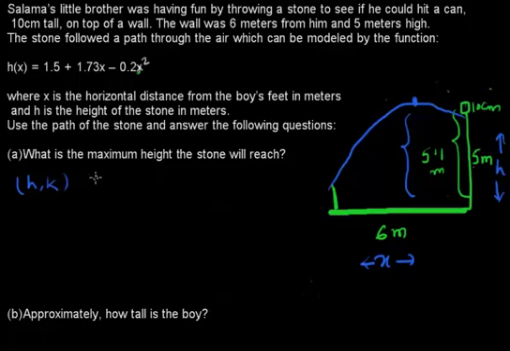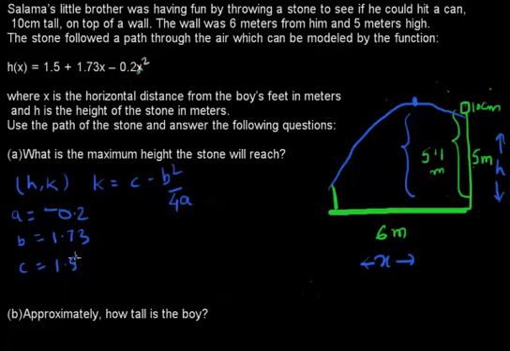The formula for k, which you know, is c minus b square over 4a, where we compare the given quadratic equation with the standard equation ax square plus bx plus c. If we compare them, the value of a is minus 0.2, the value of b is 1.73 and the value of c is 1.5.